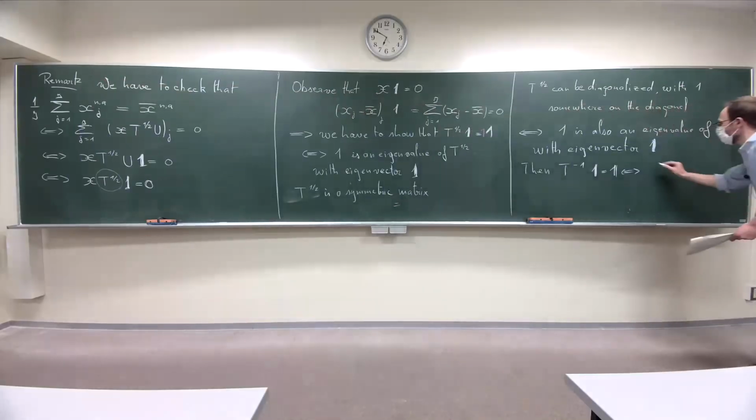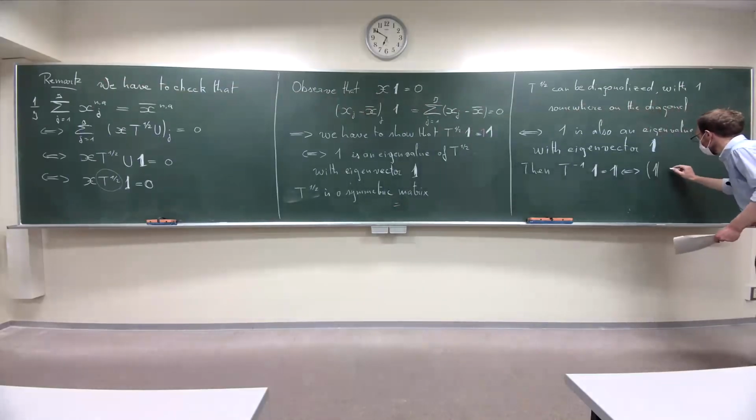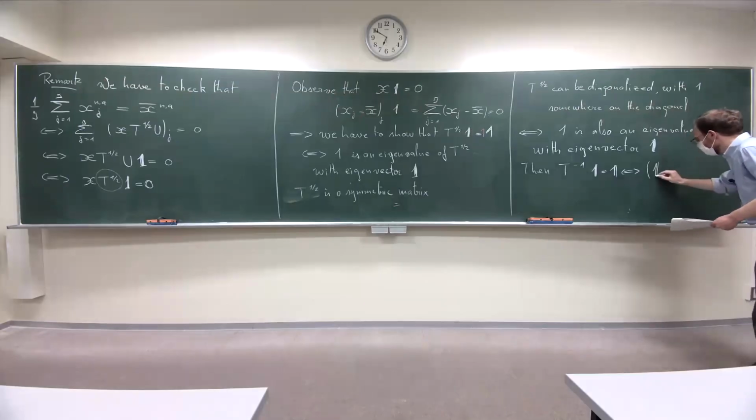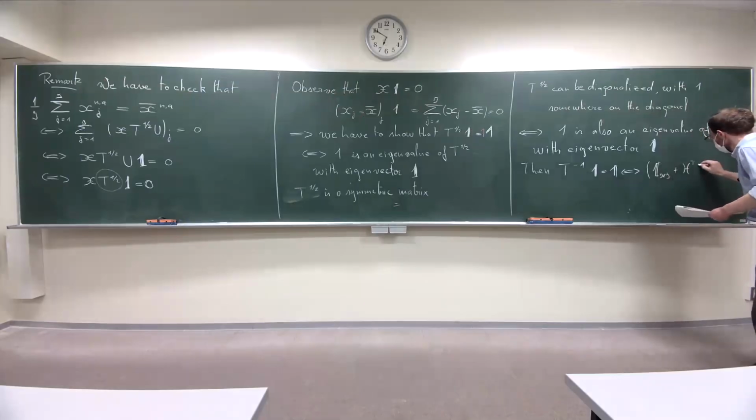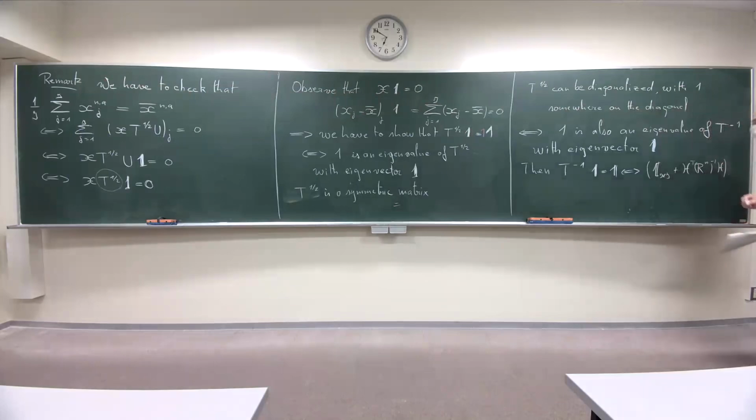If you look at the definition, it is, oh sorry, this is really the matrix (1/J)(J plus H transpose a certain matrix^{-1} H). This is the definition of T^{-1}. So you have to show that this applied to 1 is equal to 1.